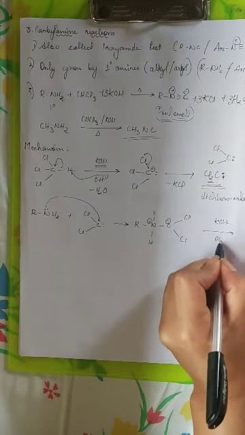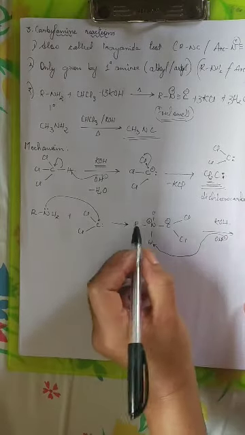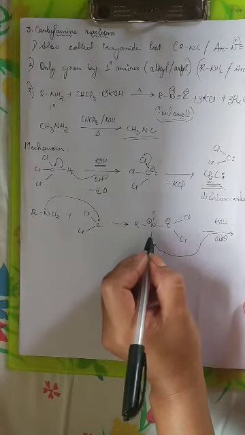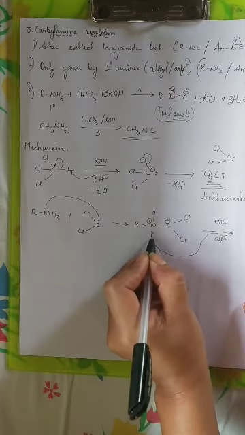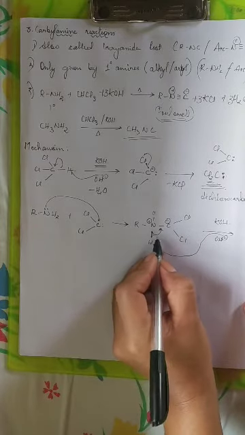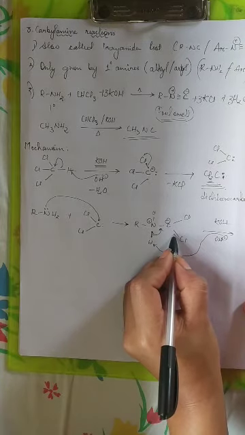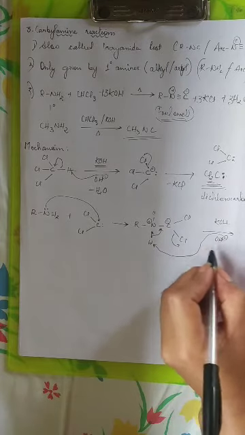Now, we know that KOH supplies OH minus. This OH minus takes up the hydrogen on this nitrogen atom, and the bonding electron pair adds up here. As soon as this bond pair adds up here, the chlorine atom along with the two bonding electrons leaves.